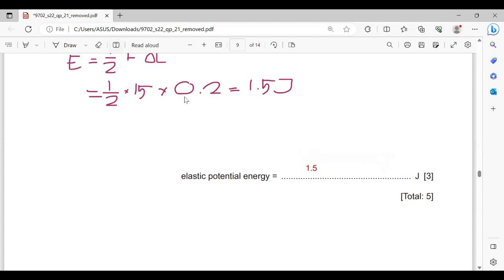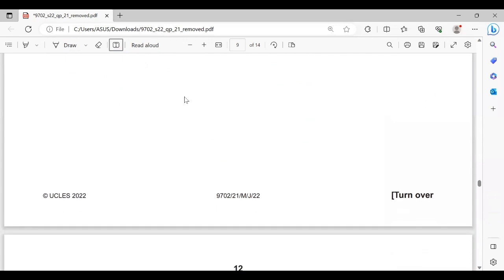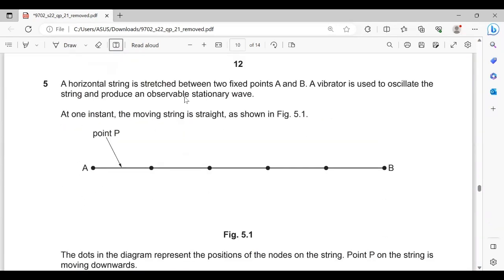Okay, next. Number 5. A horizontal string is stretched between two fixed points A and B. A vibrator is used to oscillate the string and produce an observable stationary wave. At one instant, the moving string is straight, as shown in figure 5.1.